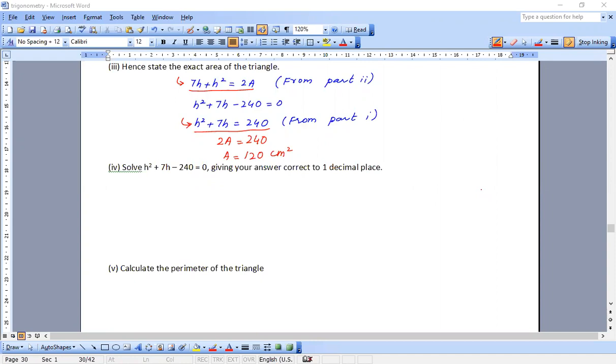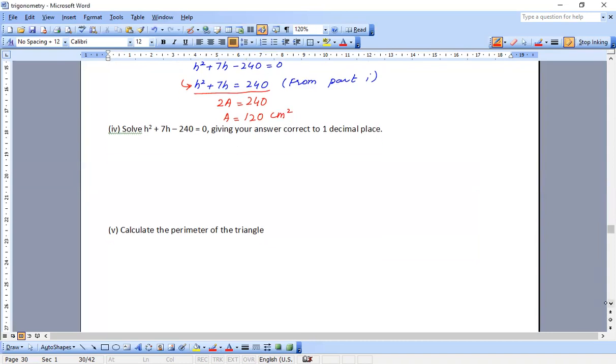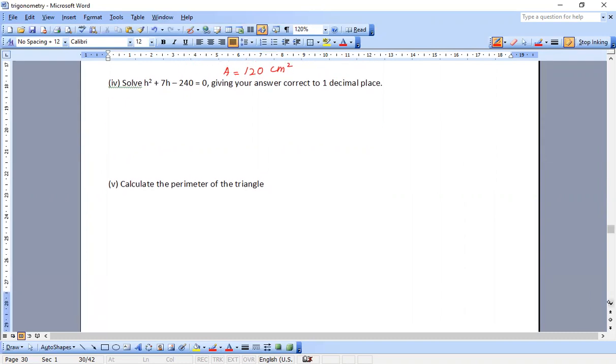If the answer is required in one decimal place, most probably we are going to solve the question with the help of the quadratic formula. You can take it as a hint because it's a difficult task for students to identify whether to use middle term breaking or the quadratic formula. So if one decimal place is mentioned, most probably it's the quadratic formula.